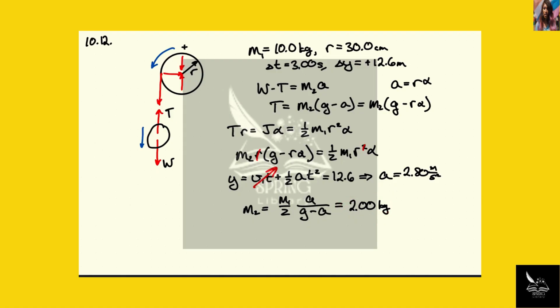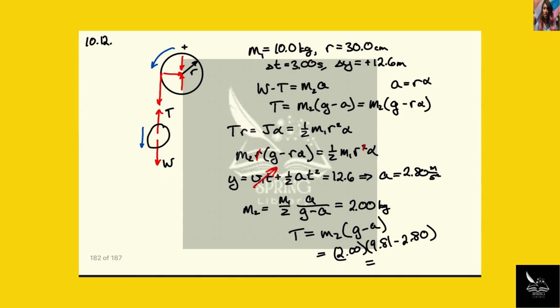kilograms. So now we need to find the tension. The tension we know is m2 times g minus a, and that's 2 kilograms times 9.81 meters per second squared minus 2.8 meters per second squared.